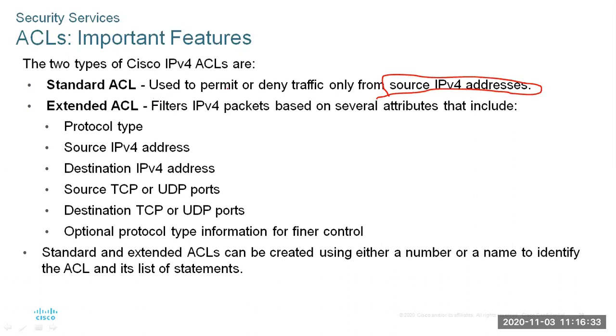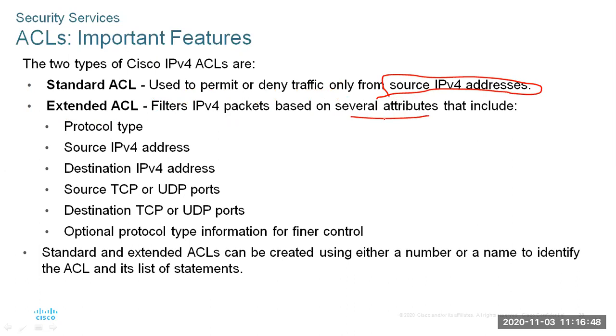You are denying or permitting traffic from a source. But the extended access list filters IP version 4 packets based on several attributes.